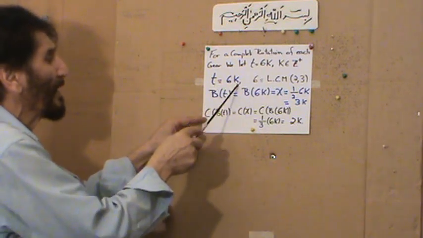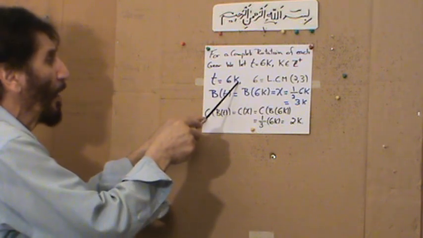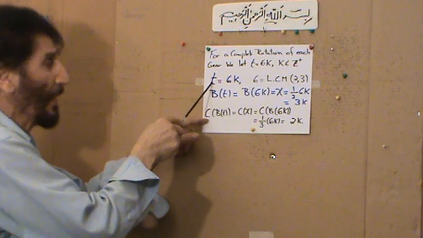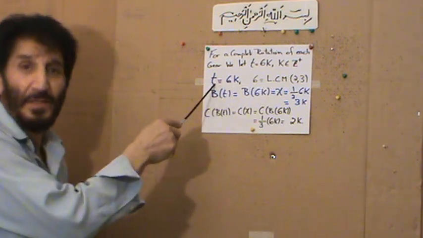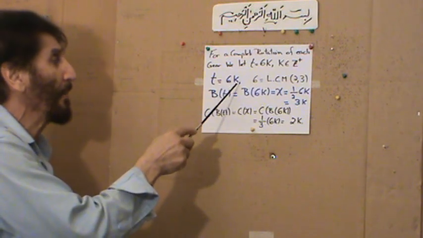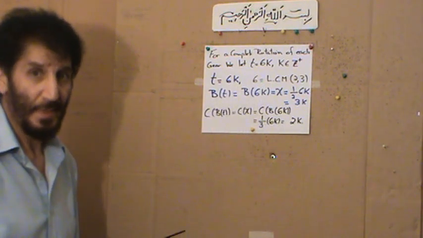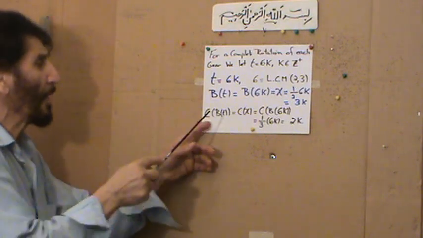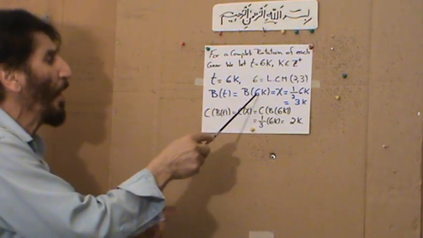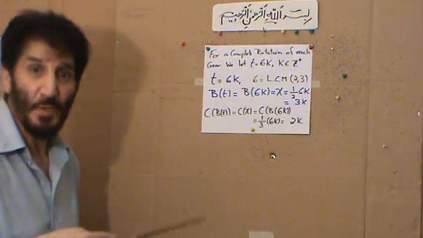Now, when t is 6k, when k takes over, when k is 1, t is 6. When k is 2, t is 12. When k is 3, t is 18, and so on and so forth. And 6 is the least common multiple of 2 and 3. You with me? Now, b is a function of t. Instead of t, I write 6k. You see that? So I write it in terms of k.